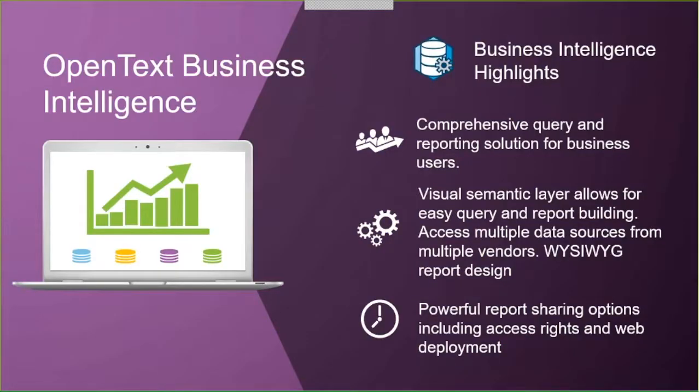OpenText Business Intelligence is a comprehensive query reporting solution for business users. It has a visual semantic layer which allows for easy query and report building. Sounds a bit familiar like Report Builder, but this one here is really a bit more high level. This one allows you to access multiple data sources at the same time from multiple vendors.